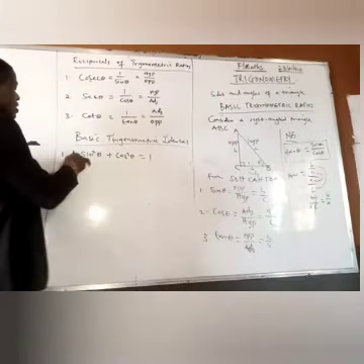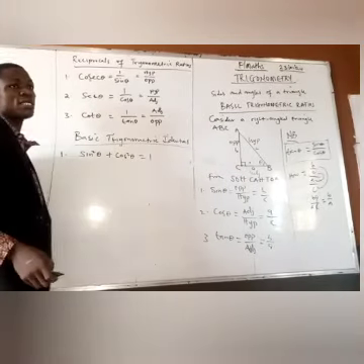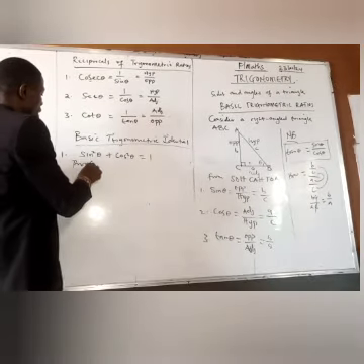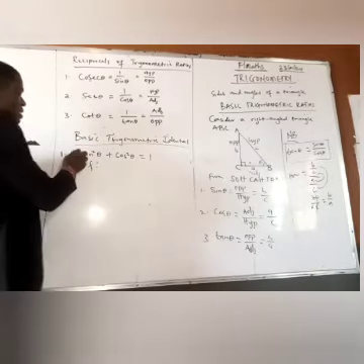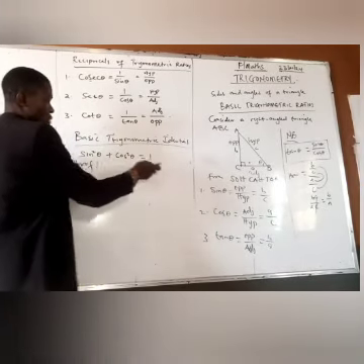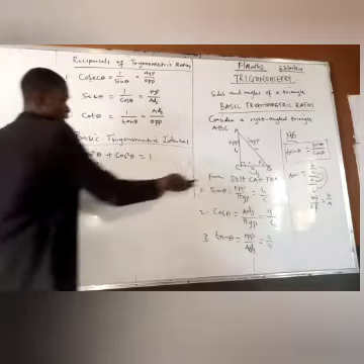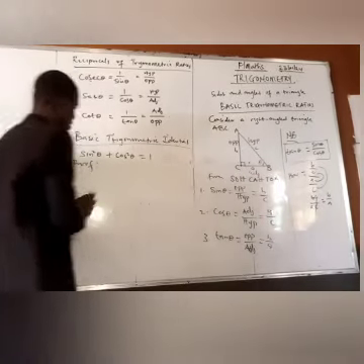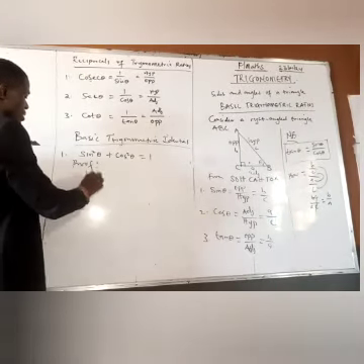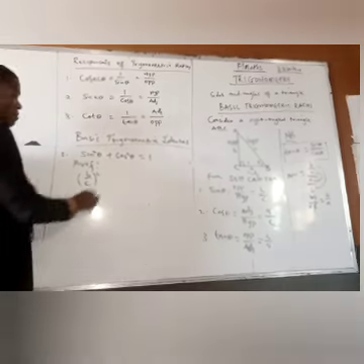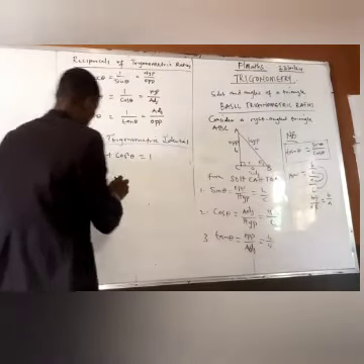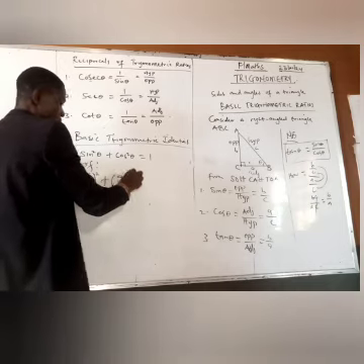Now, how is sine squared theta plus cos squared theta 1? Let's quickly prove that with what we have on the board. Pick sine theta, we have agreed that sine theta is what? B over C, then square it. Plus cos theta is what? A over C, square it.